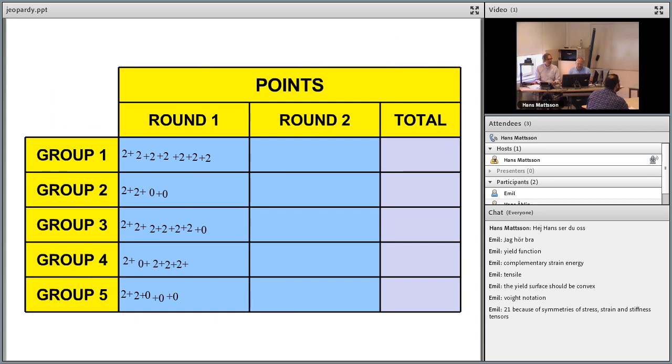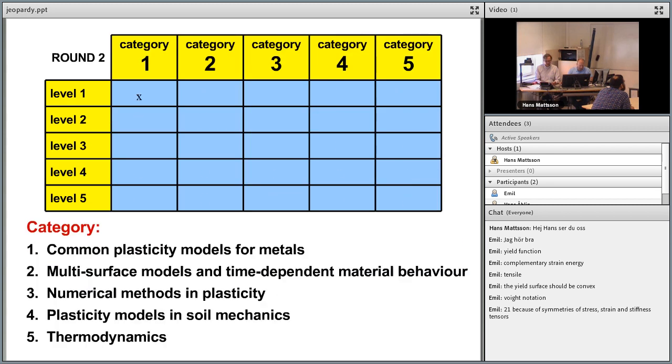So you get 1 point there in round 2 for group number 4. And then it is group 4 that answered correctly the last time, so they choose category and level here. And that they do quite fast, we hope.